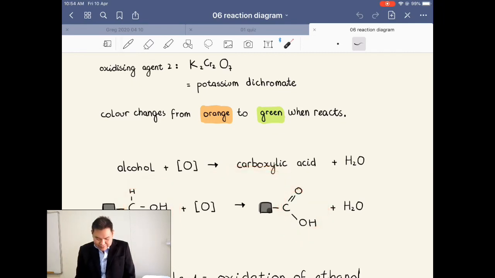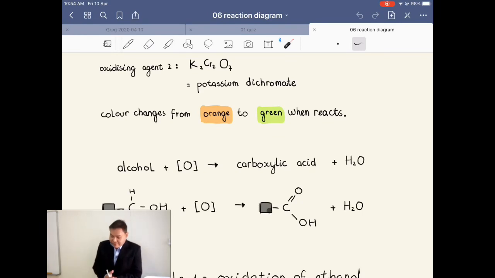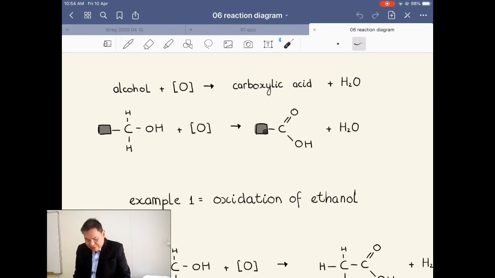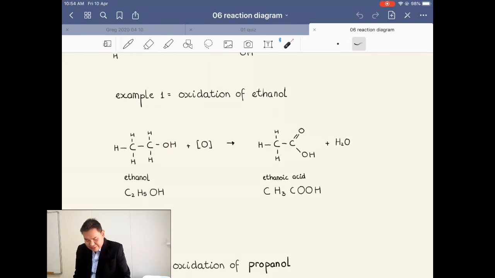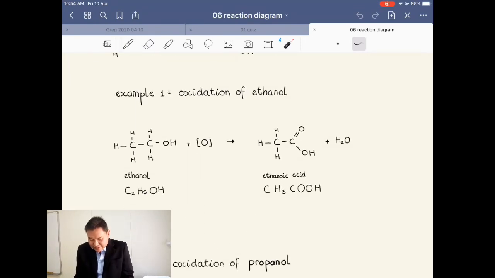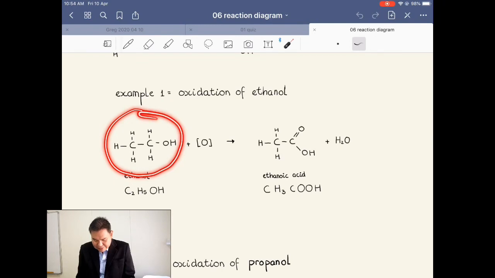The black box there is used to indicate other part of the organic substance that is not affected by the reaction. Then the example for this, oxidation of ethanol. You have ethanol or C2H5OH.